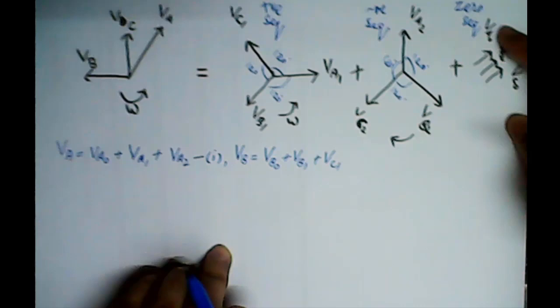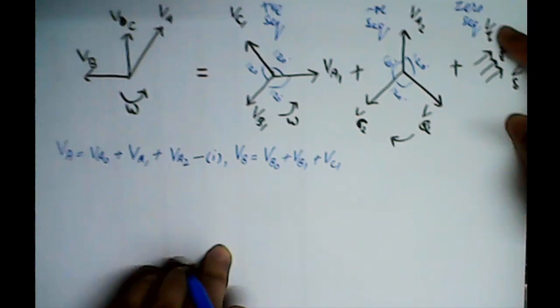Now we can say that since the magnitudes are the same, if we consider VA1 equal to V1, then what will happen? VA1 equals V1, then we can see that there will be only a 120 degree difference here.